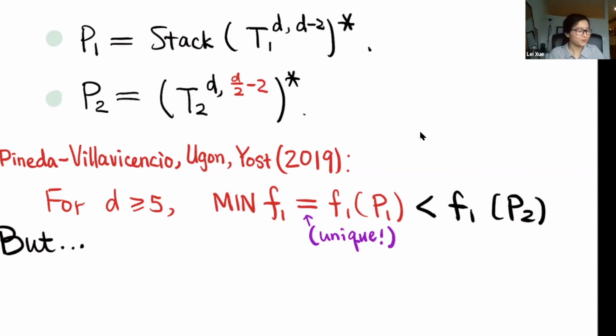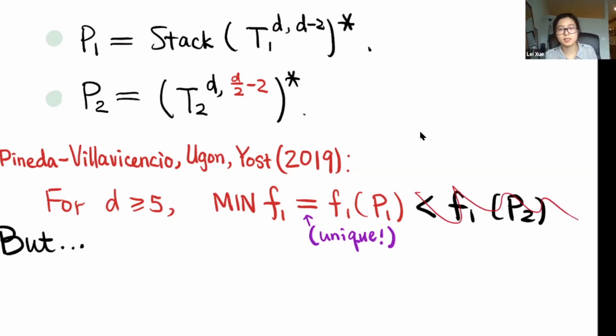Okay, so first of all, Pineda-Villagrán, Yugon, and Yost, in the same paper that I mentioned before, showed that for D starting from 5, P1, the pentasome, will be the unique polytope with the minimal edge number. Just look at the red part, not this part yet.